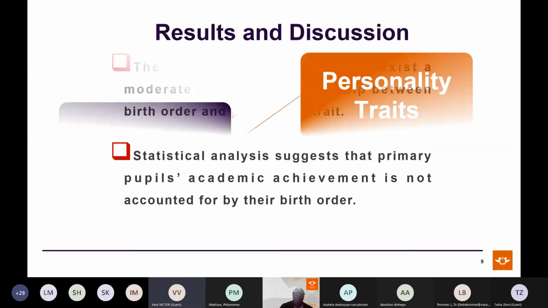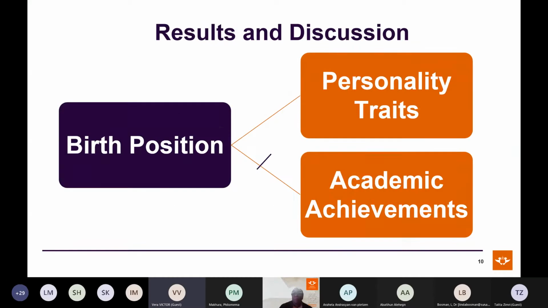So our concluding comment is that our study found out that there is a direct relationship. However, it is a moderate relationship between birth position, personality trait, and academic achievement.